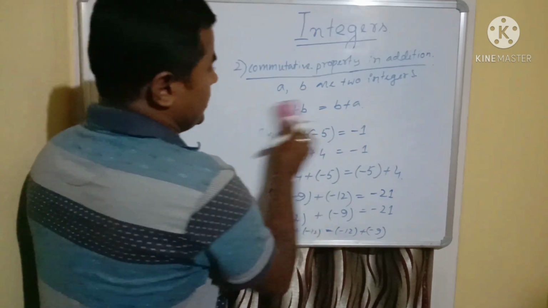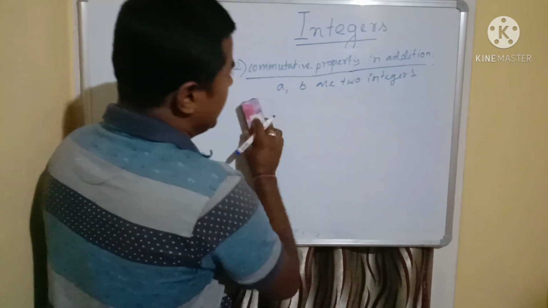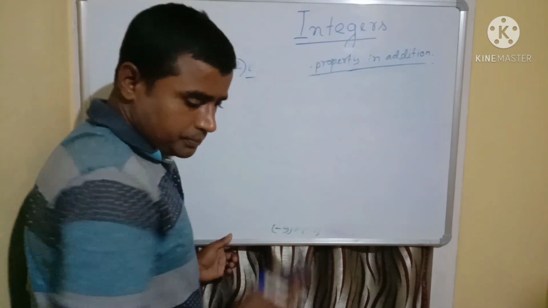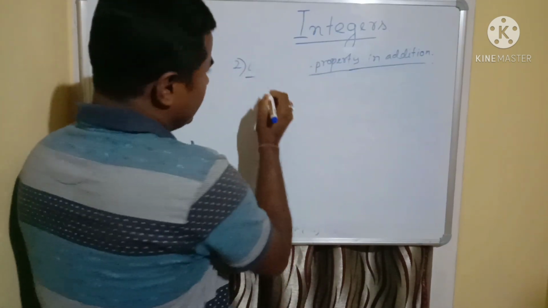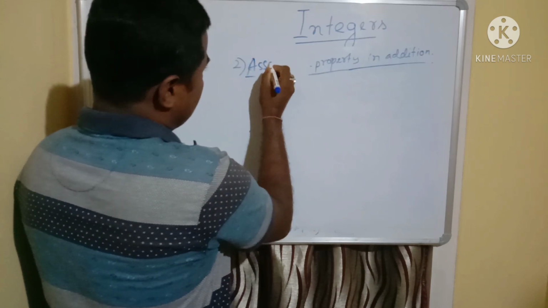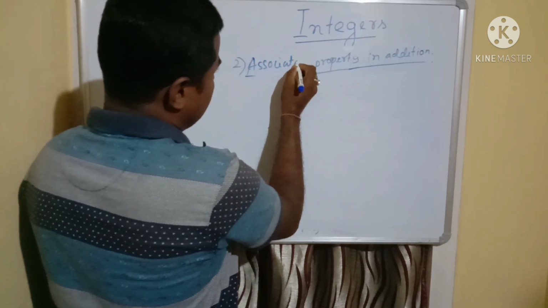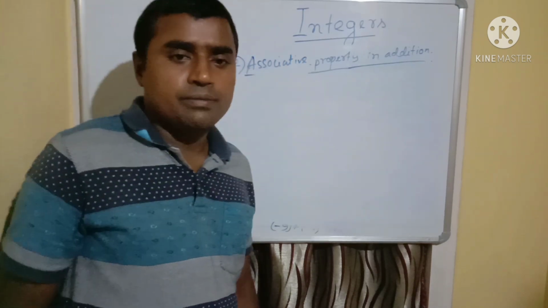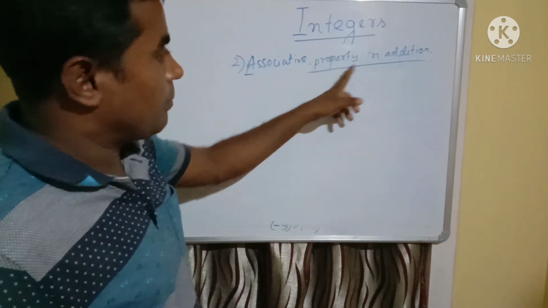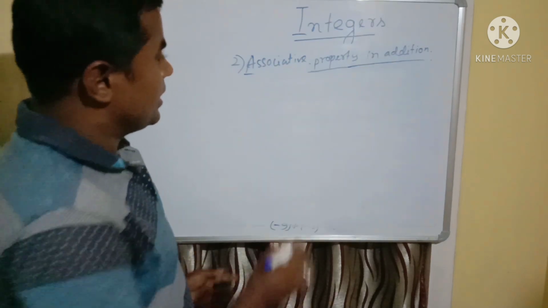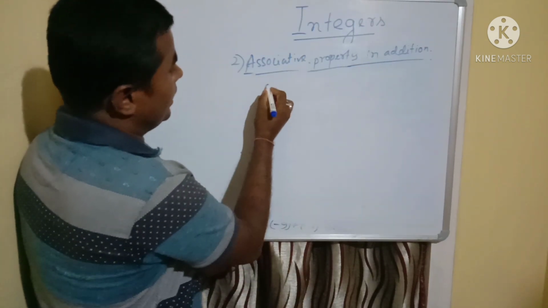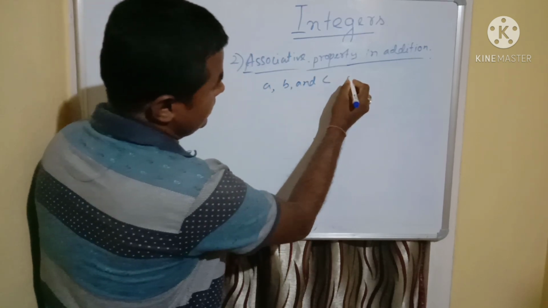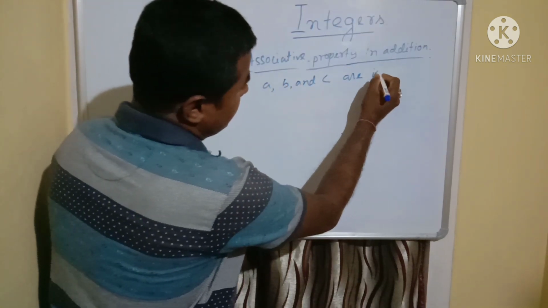The next property is the associative property, the associative property in addition. Here also, let A, B and C be integers.